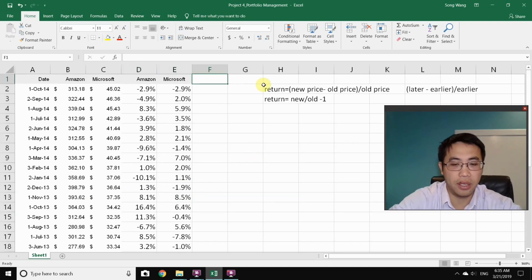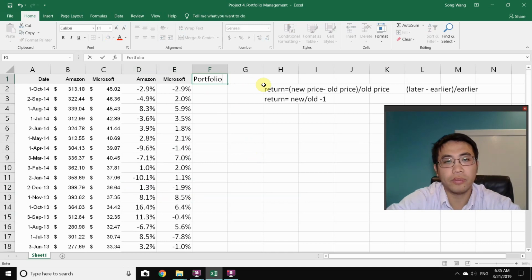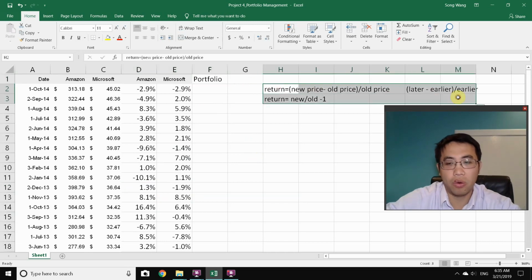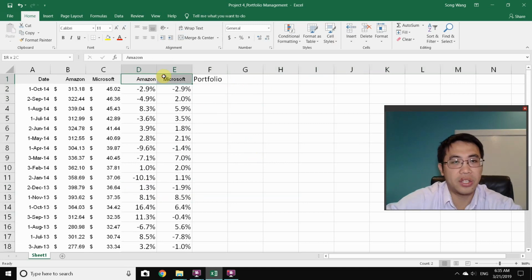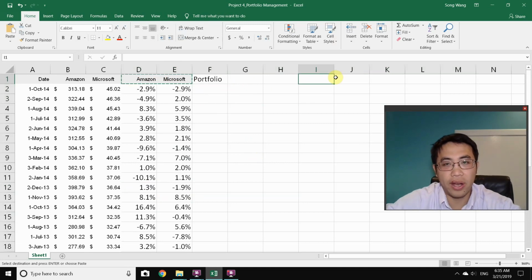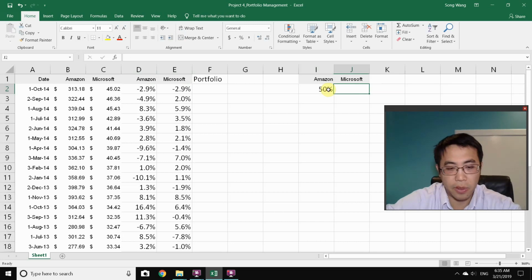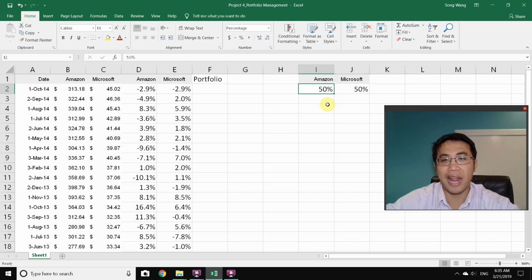The next step is to get the portfolio. If you want to get the portfolio, I want you to make sure you assign the weights for both stocks. So for now, the stock weights are 50% and 50%. So if you have $100, $50 is put in Amazon, and then the other 50 is put in Microsoft.